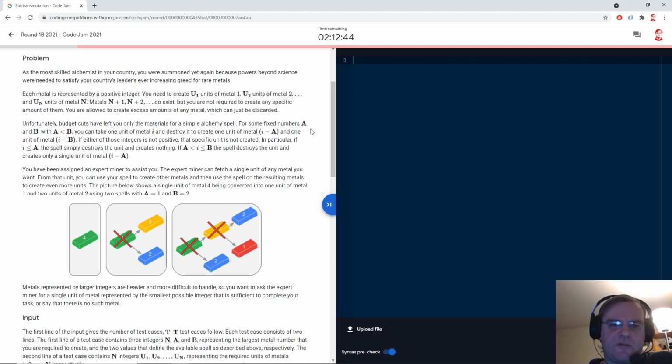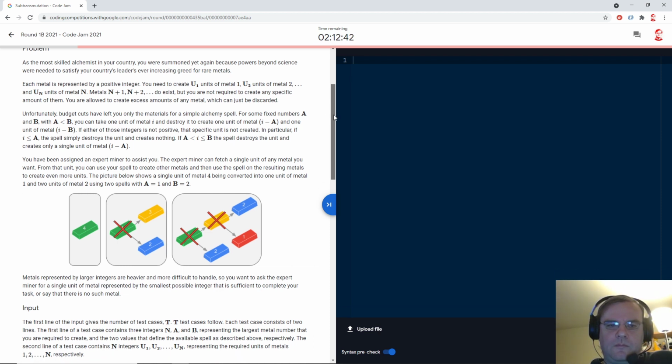This is looking like a recurrence relation type thing. Interesting.